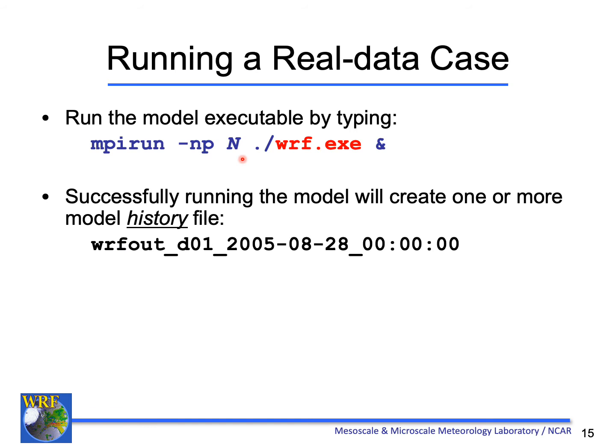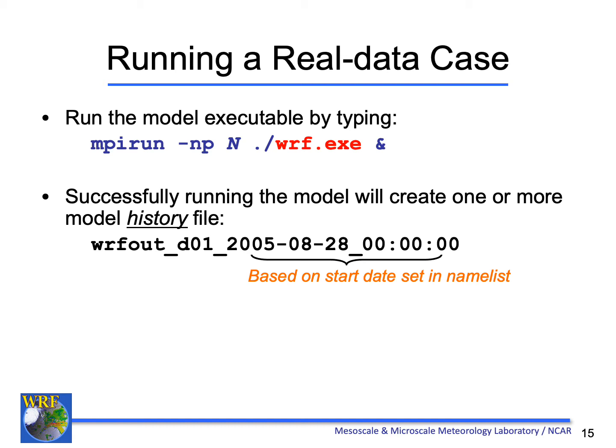If we are successful, the run should produce one or more WRF history files, such as the one shown here, wrfout_d01 plus some time information. The history files are the most important output from the model.